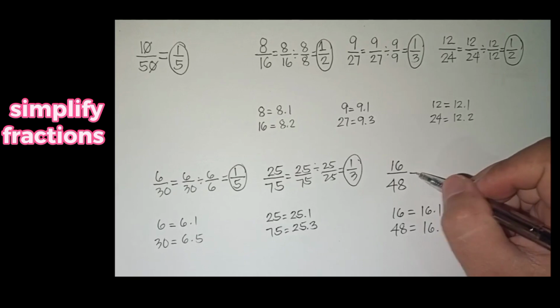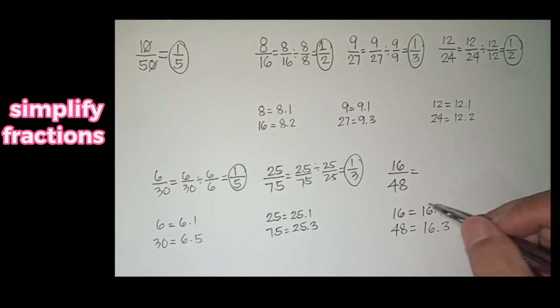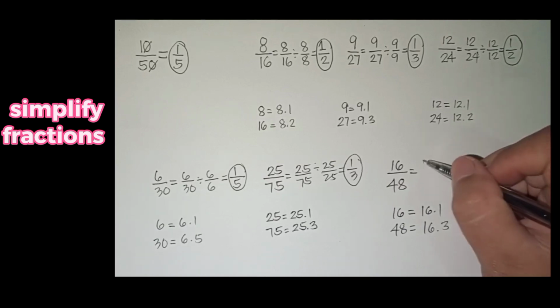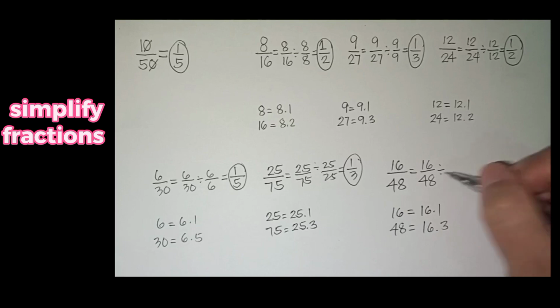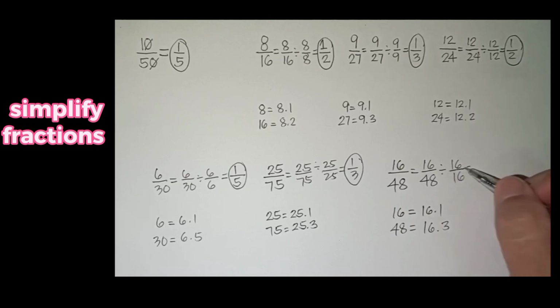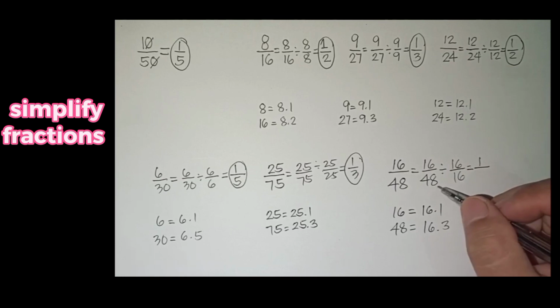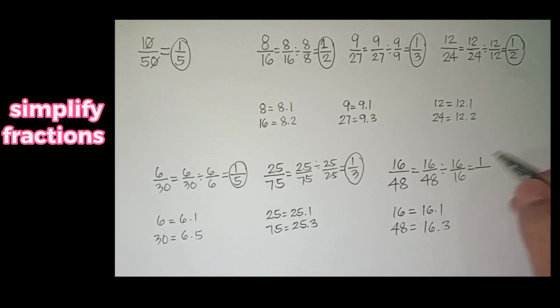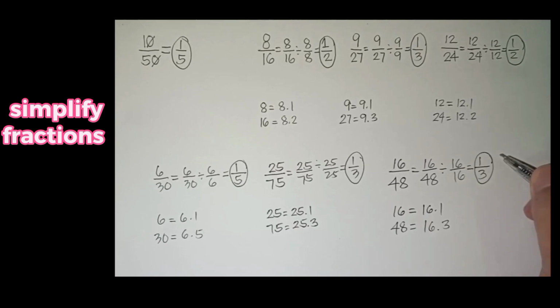So we just simply have to divide both 16 and 48 by the GCF 16. So 16 divided by 16 is equal to 1. And 48 divided by 16 is equal to 3. So the answer is 1/3.